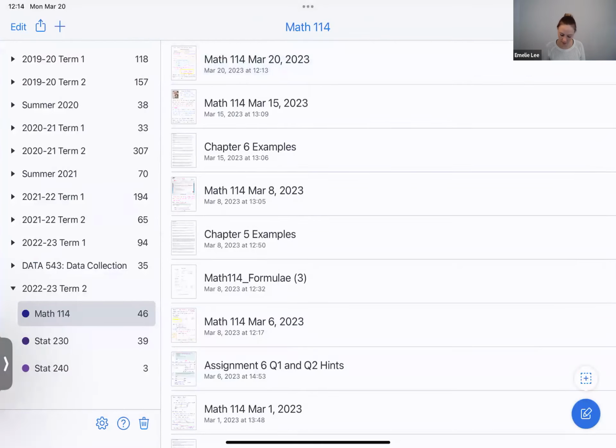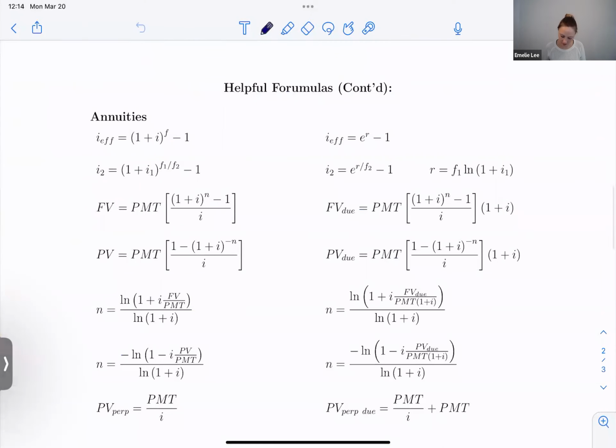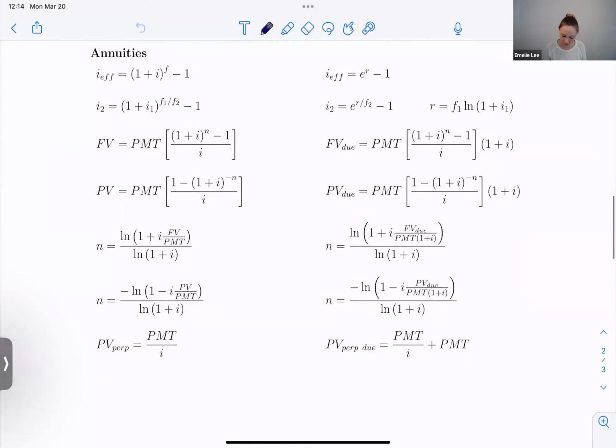Just so we have a roadmap of the formula sheet. And this is kind of like your countdown to the end of the term, right? Because once we finish this formula sheet, there's nothing left for us to learn. Just kind of perfect.